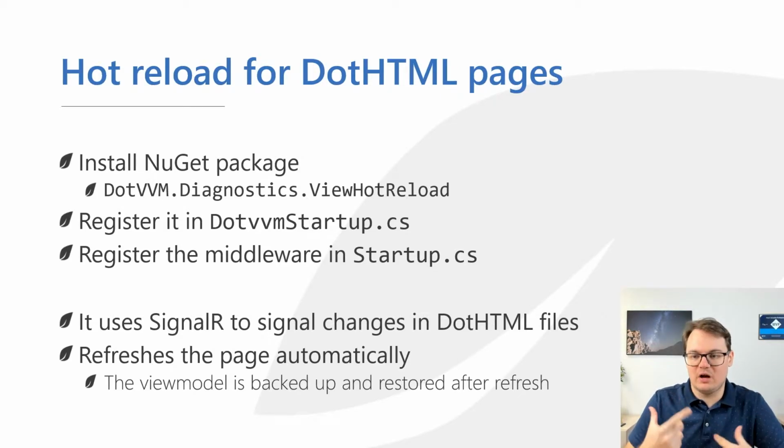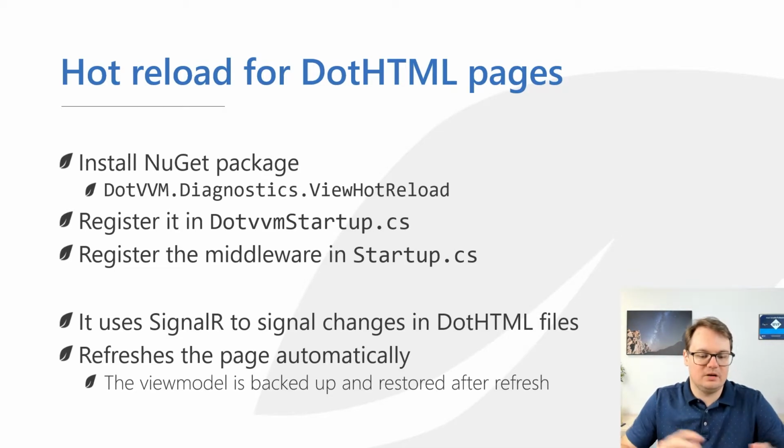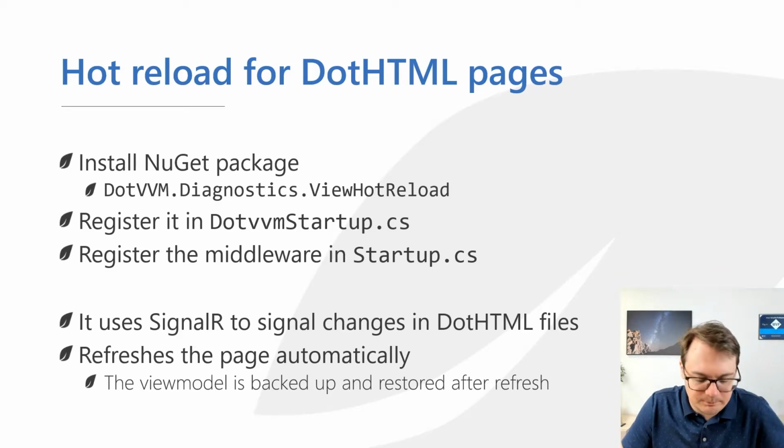So there are 2 lines you need to add to your startup on .NET Core. In old ASP.NET, we also have a package for old ASP.NET. Then there is only Startup.cs, so it's not so difficult. But in principle, it's almost the same. So the page gets refreshed automatically.